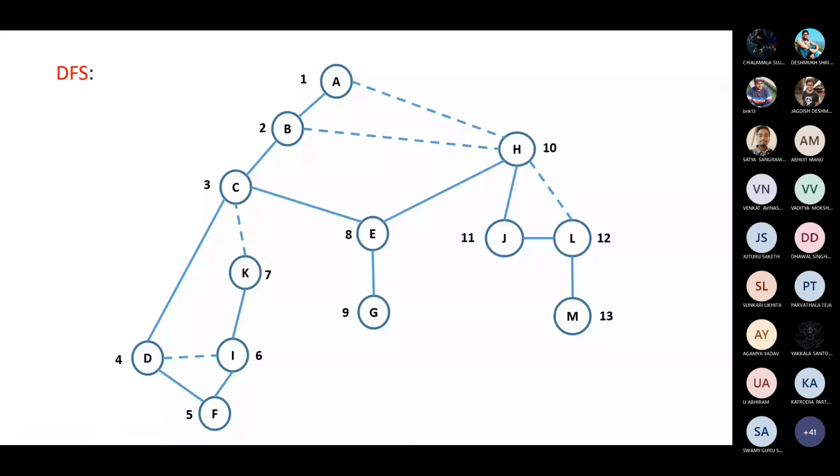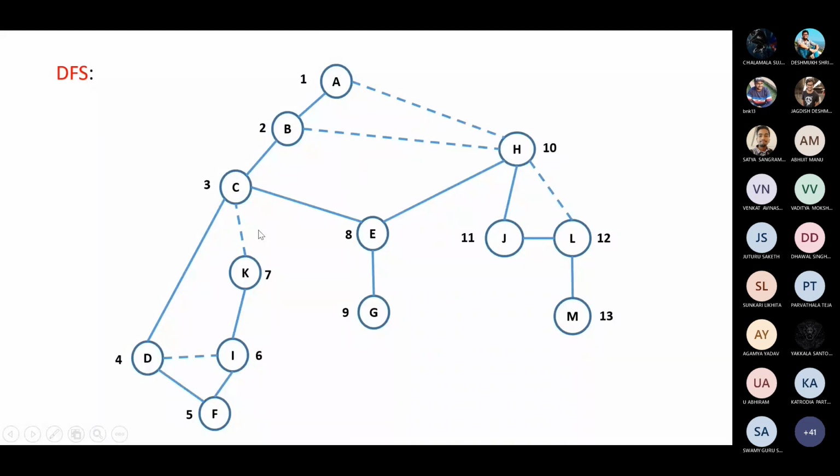Now, the contribution of Robert Tarjan is this. Suppose no algorithm is known till date. In that case, what could be our approach to solve this problem? If somebody asks us to find the cut vertices, one approach could be to remove one vertex at a time and see whether the graph is disconnected or not.